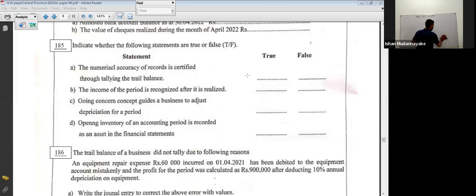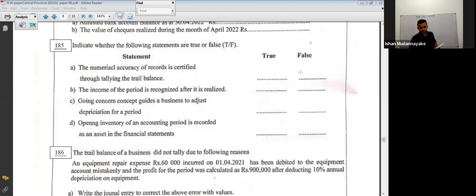But the numerical accuracy of double entries we can verify if the trial balance is equal. But here, the numerical accuracy of records is certified. That is false.